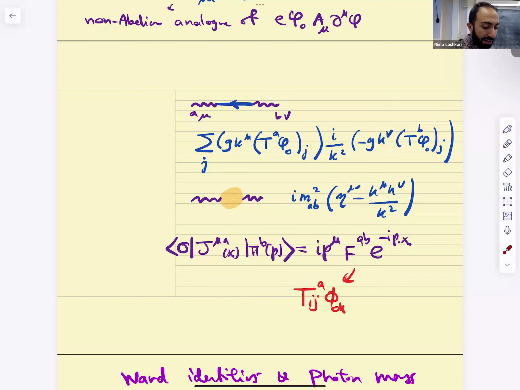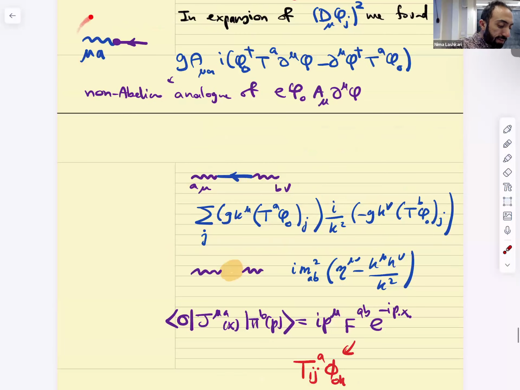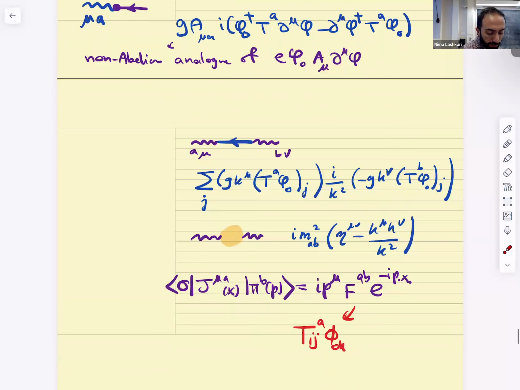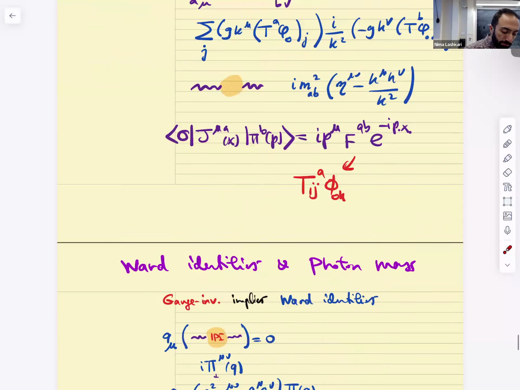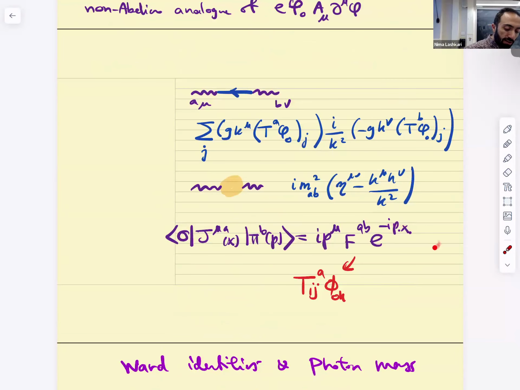As before, I can interpret this guy as a matrix element, 0 vacuum, one pi with J mu of A. This is like the gauge theory analog of that. I'll come back to this.